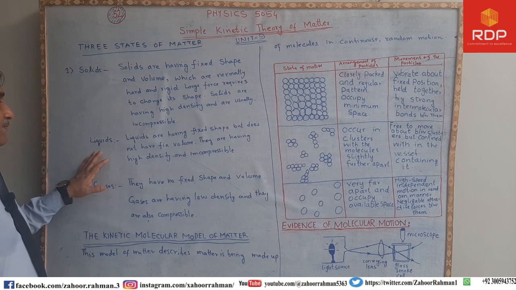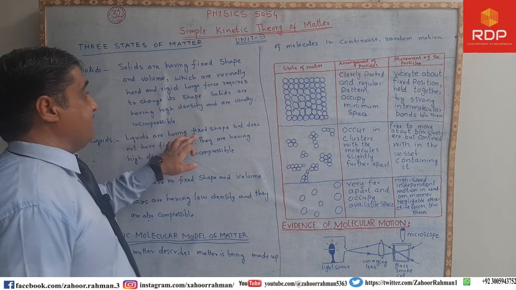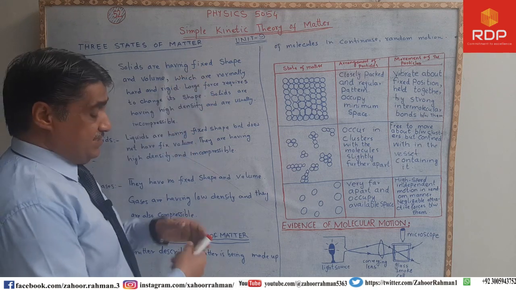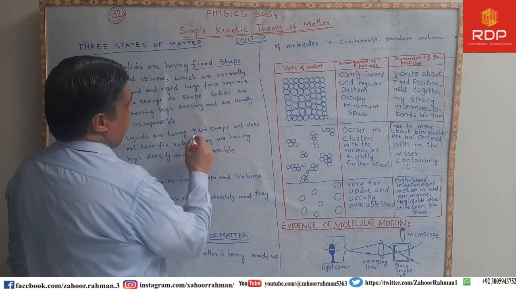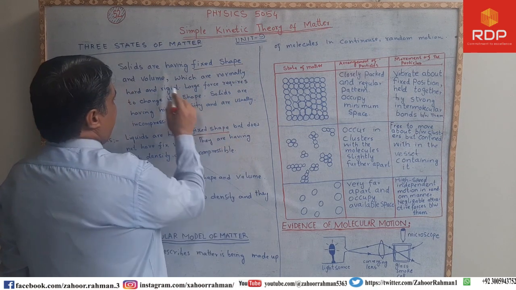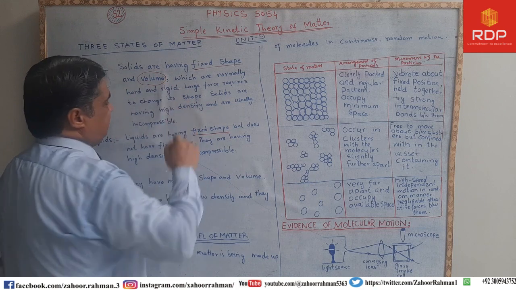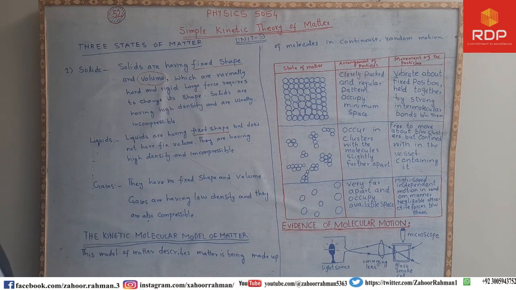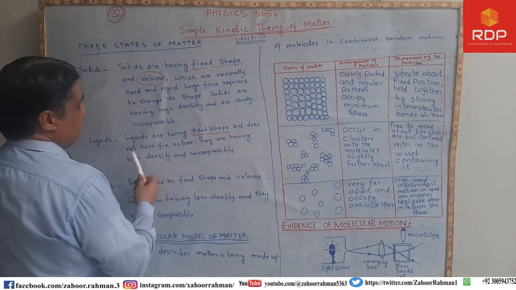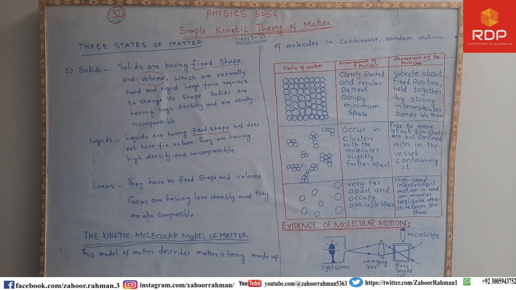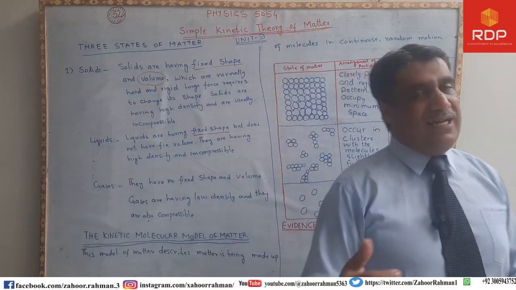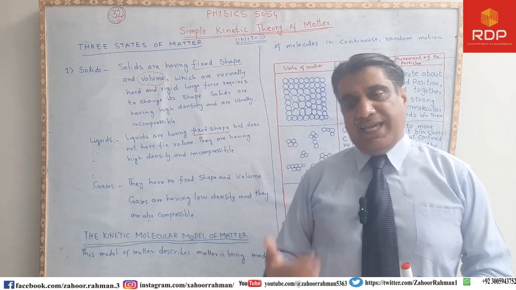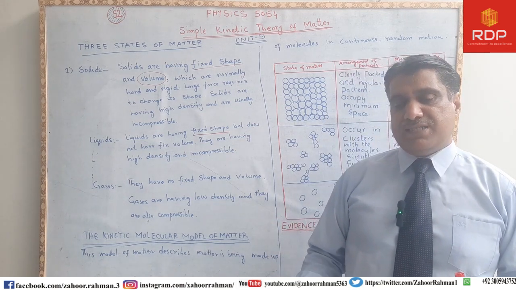What are the properties of liquids? Liquids have a fixed shape just like the solids. Solids have a fixed volume, but liquid doesn't possess a fixed volume, because when you put a liquid inside a glass, it will retain the shape of the glass.